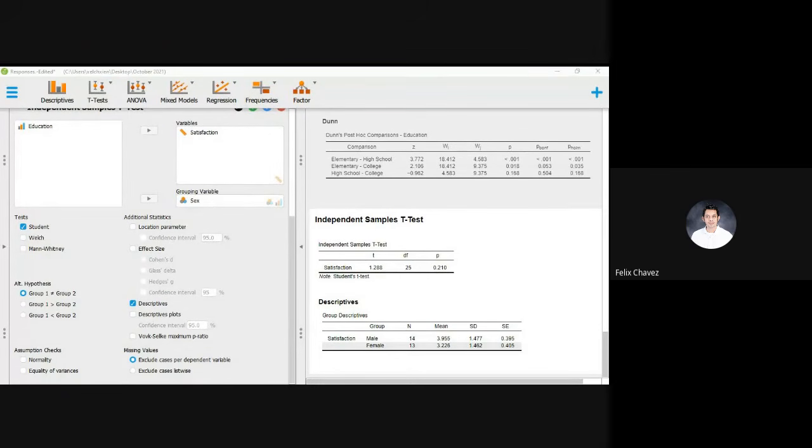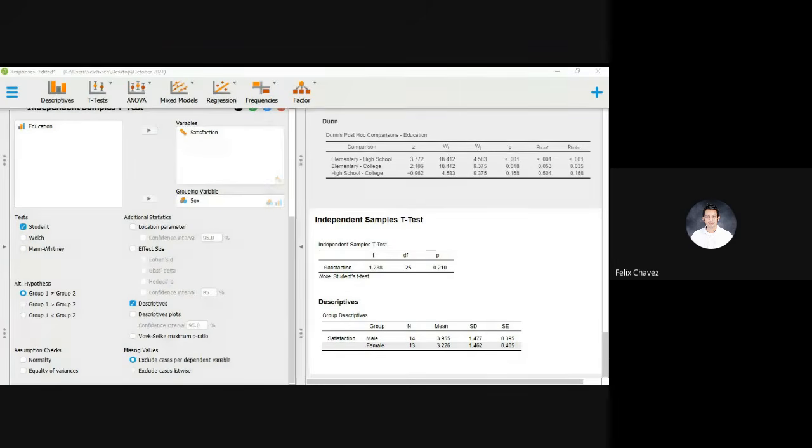Again, with the independent t-test, you compare the outcome of two independent groups. If you want to compare more than two groups, then you will now use the analysis of variance. The assumption is the same. It only differs in the aspect of comparing more than two groups, this ANOVA.